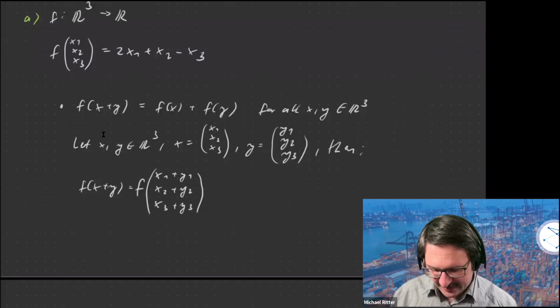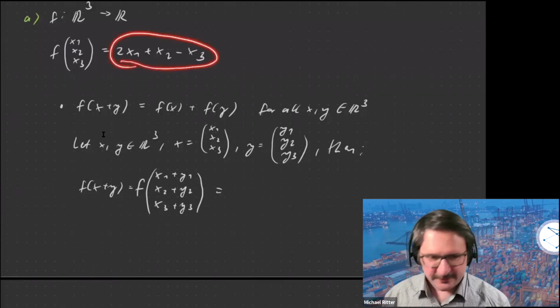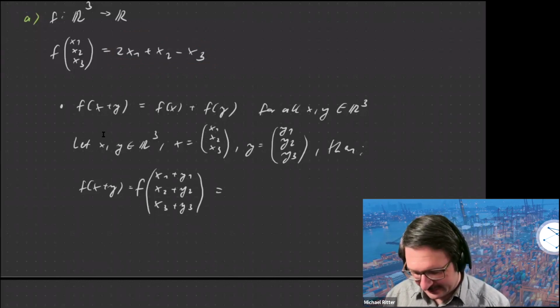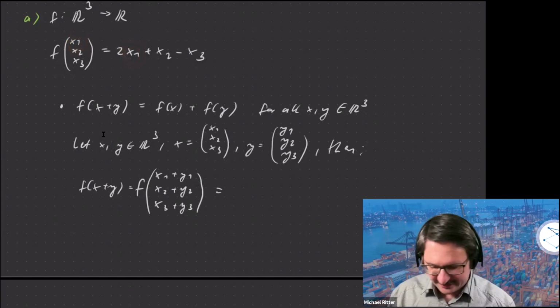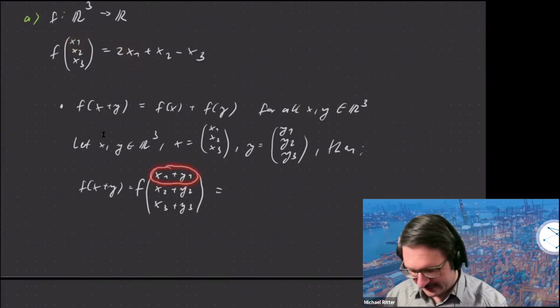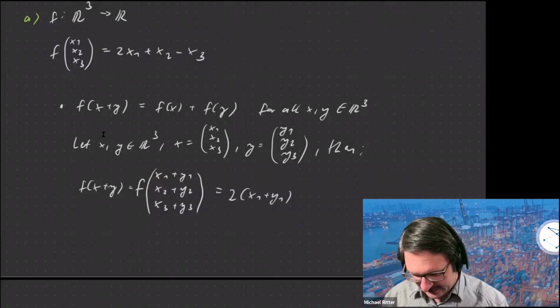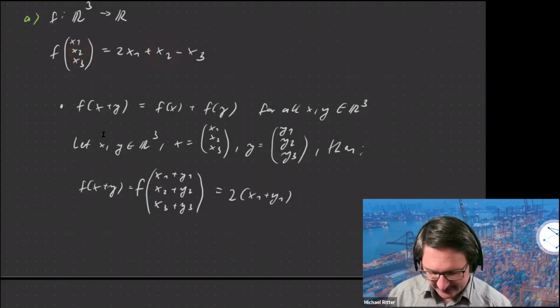And then we apply f using this definition. So what f does is it takes 2 times the value of the first entry in that vector here. The first entry is now this one here, x1 plus y1. So to apply f, we take 2 times x1 plus y1. Then it adds the second entry of the vector. That second entry is this one here.